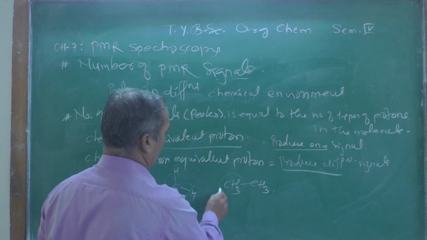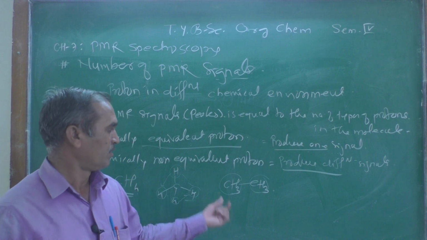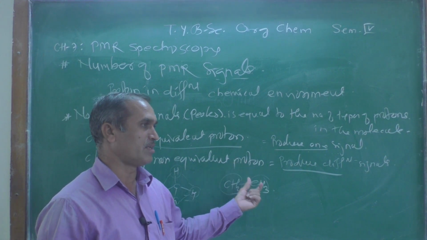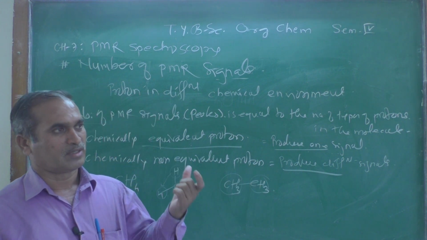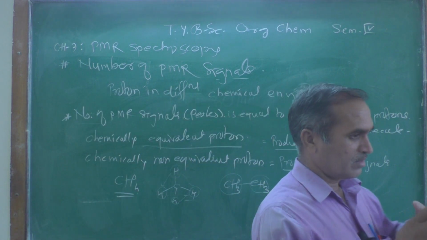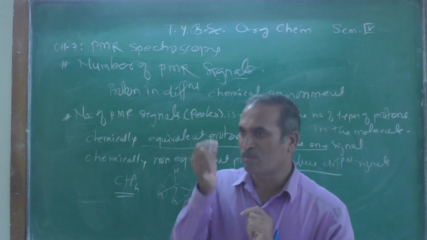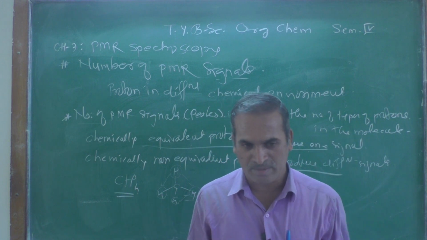If you look here, this is a methyl group, and this is also a methyl group. This methyl group has an adjacent methyl group, and this methyl group has this methyl group as its neighbor. It means that around each methyl group, the chemical environment is the same, so they are chemically equivalent protons.